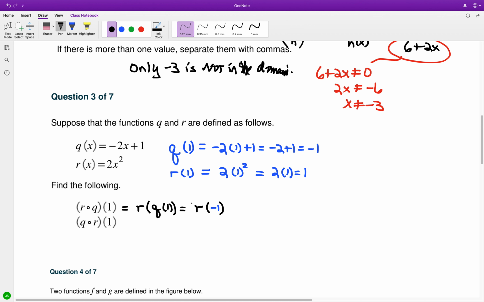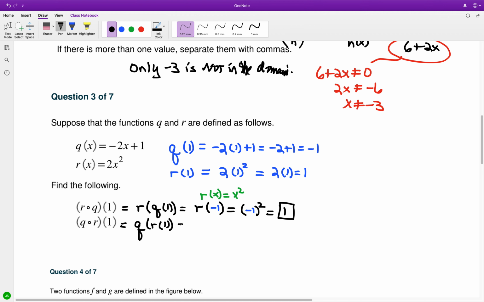We'll operate along the lines of r of x is equal to x squared, with the input at negative 1 to represent x. So we're taking the square of negative 1, and for the first composition that results in a positive 1.